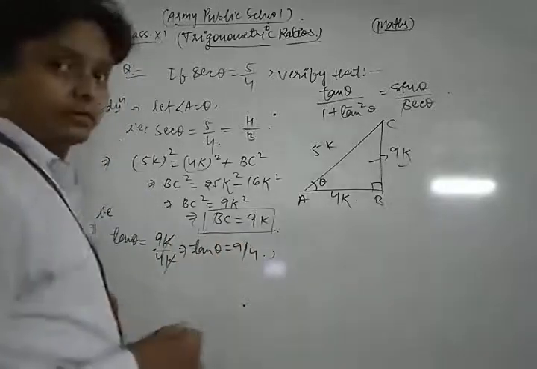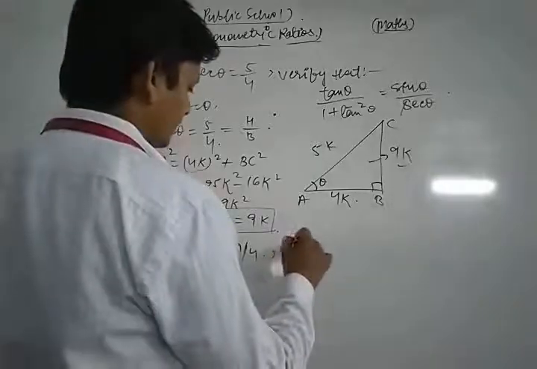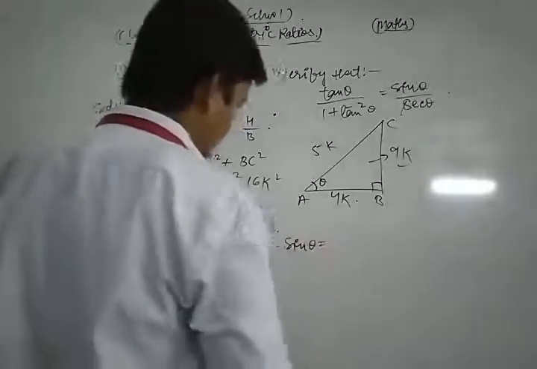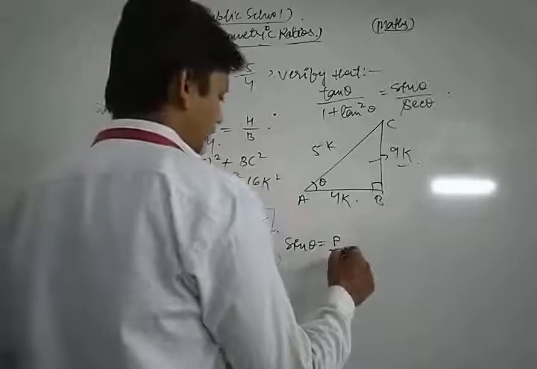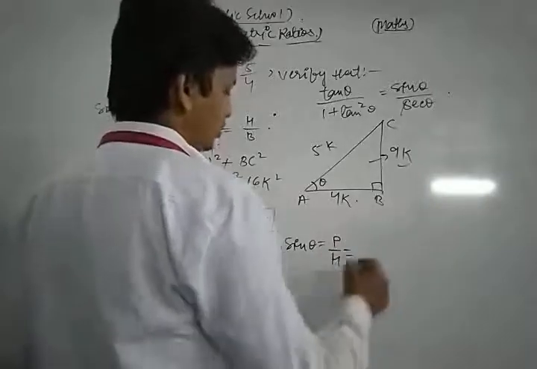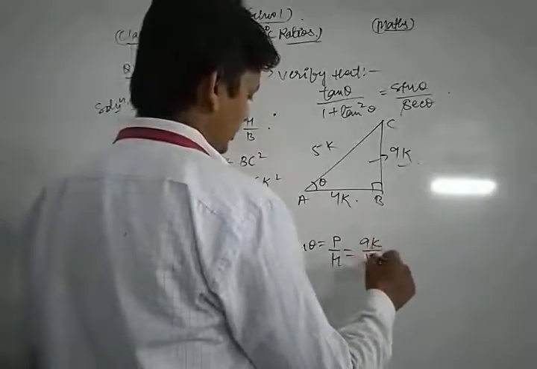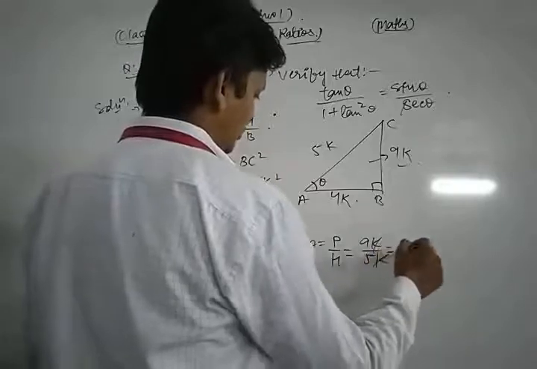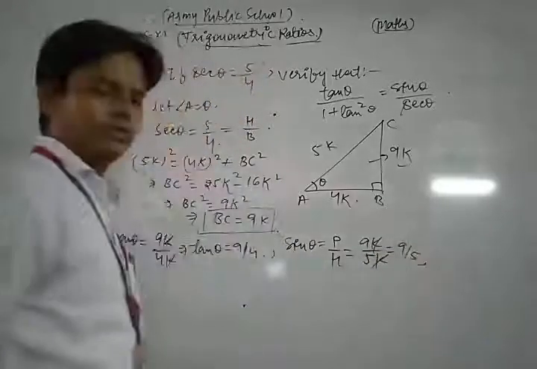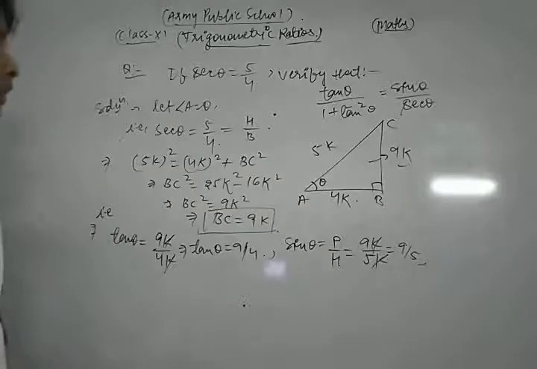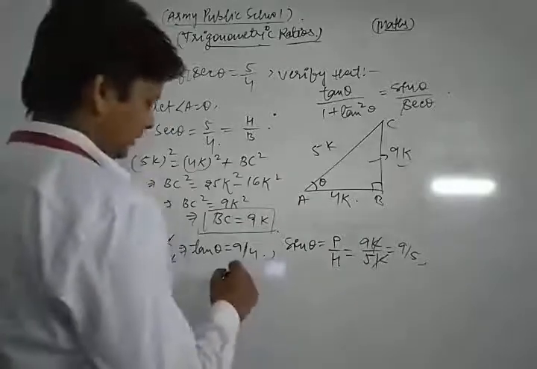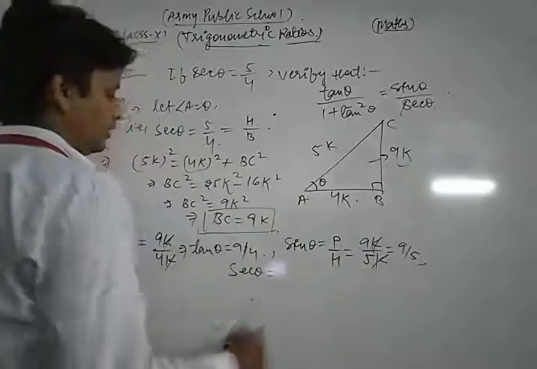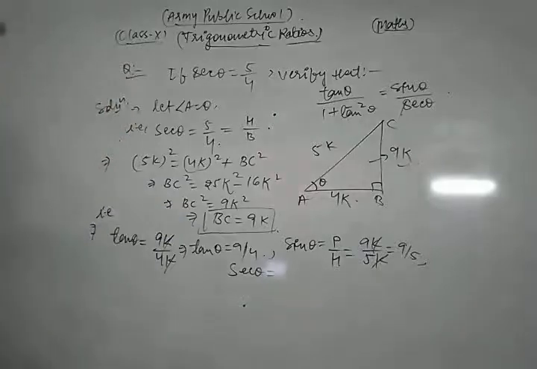Sin theta is what? Perpendicular upon hypotenuse. So this is 3k upon 5k, k cancel, so 3 by 5. And now sec theta. Sec of angle theta is equal to what?